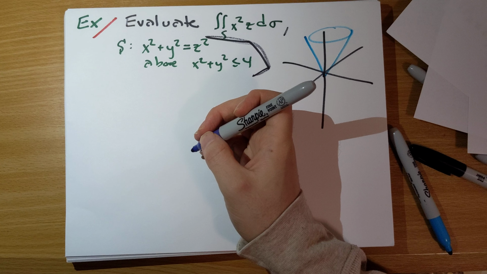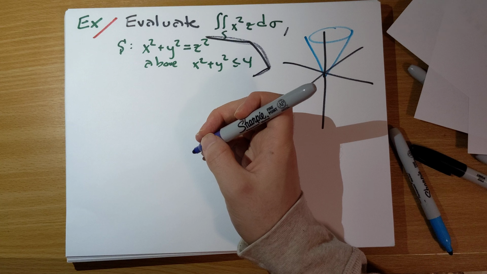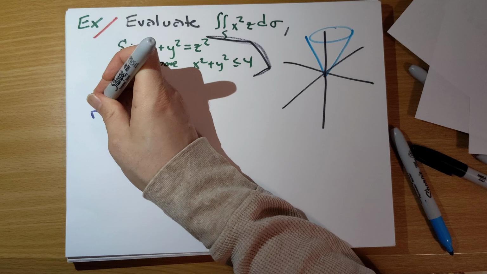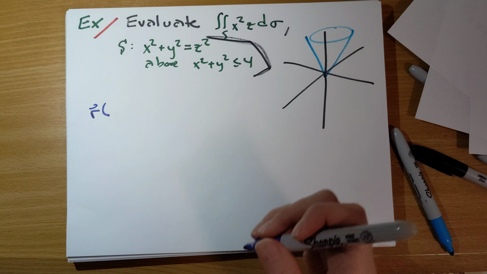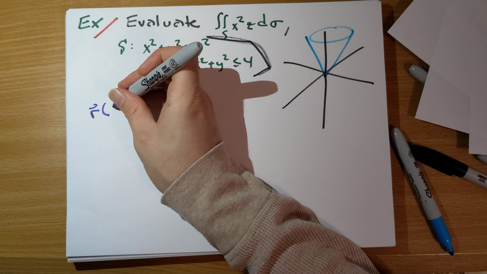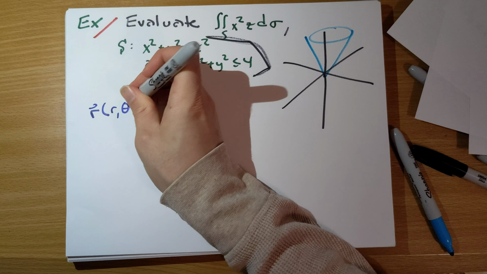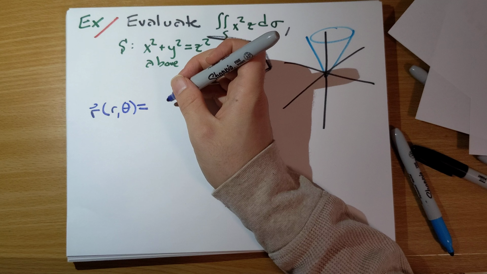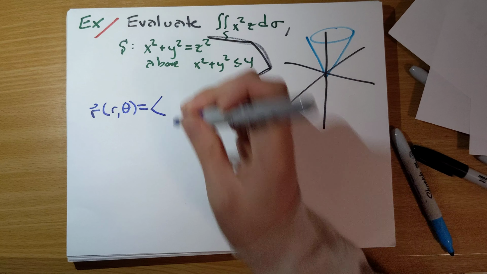And our parameterization is going to be r of r comma theta. So it's essentially playing out along the same lines as with polar coordinates.